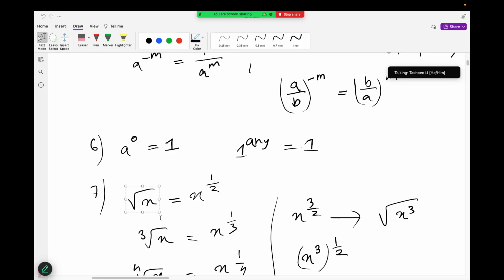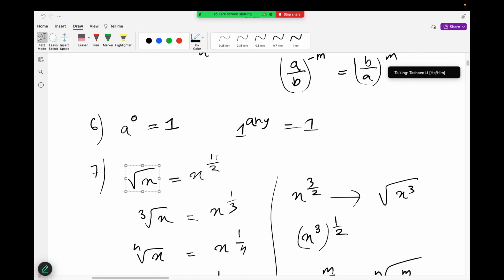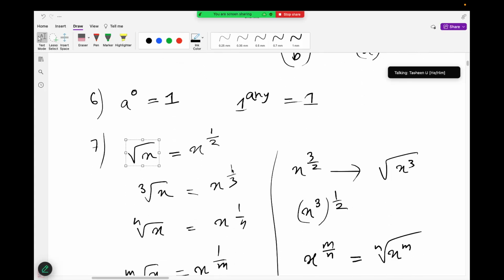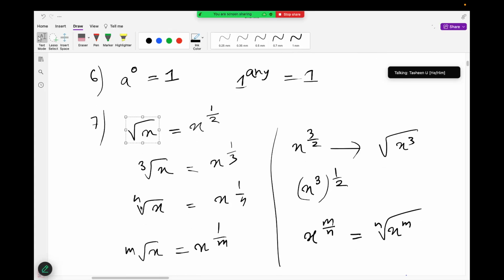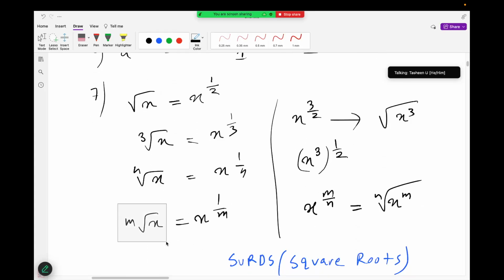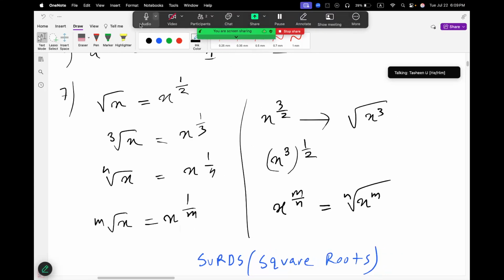Basically root of anything means that thing to the power half, cube root means that thing to the power 1/3, and so on and so forth. So can we say that the m-th root of x is basically x to the power 1 by m? Yes.